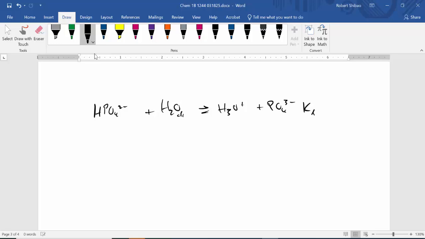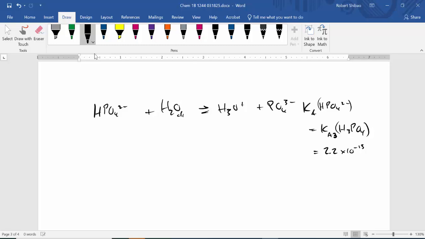All right, this is Ka for monohydrogen phosphate, which is equal to Ka3 to pull off the third hydrogen off phosphoric acid, H3PO4, which is equal to 2.2 times 10 to the minus 13 off our table there.